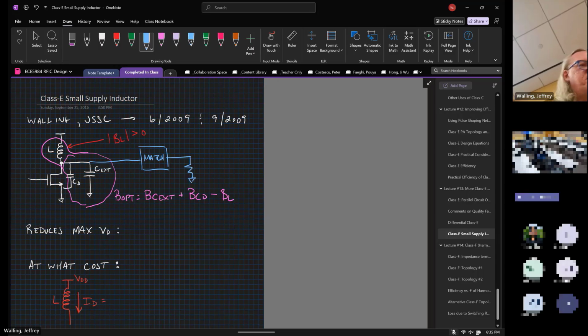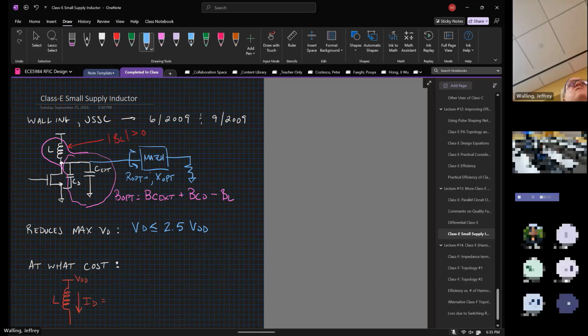And other than that, everything is standard. As I said, the matching network is just designed to present R opt plus JX opt. And what I did specifically in the June 2009 paper was show that when you combine all these things together and use the thick oxide device, you can get the drain voltage to be less than or equal to about 2.5 times VDD.